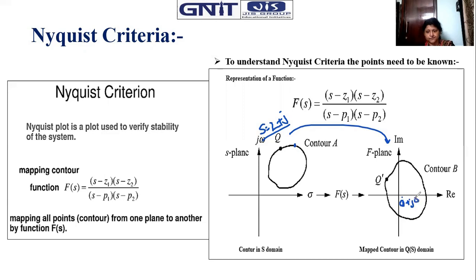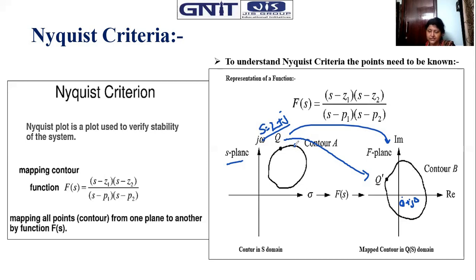So we are putting a particular value of S, suppose S equals 2 plus j, into that function. What we get here is a particular phasor. So for a particular phasor in the S domain, there is a particular phasor in the F plane we can represent. That means it is plane to plane transformation, S plane to another plane.